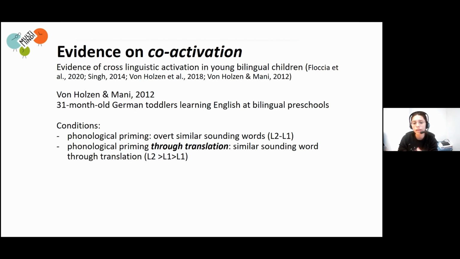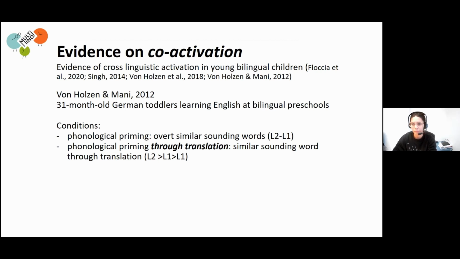And they also included a phonological priming translation condition, where they presented words that sound similar via translation. So they presented a word in English which, in its translation to German, sounded really similar to something that was subsequently presented.